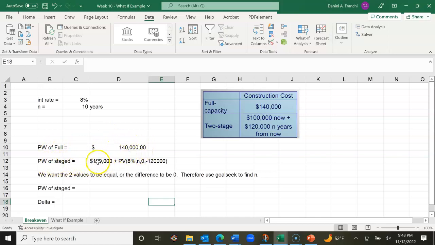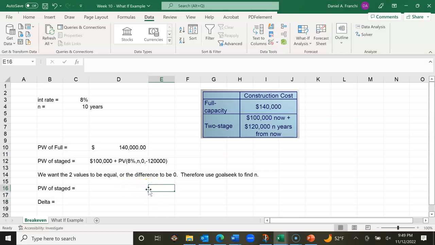This is the formula for the present worth of the two-stage construction, where we don't know the period n. So we use the 100,000 plus the PV function, and we need to calculate n. And we want these two values to be equal, or the difference between the two values to be 0.